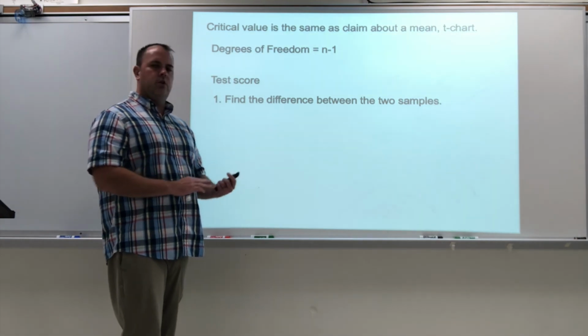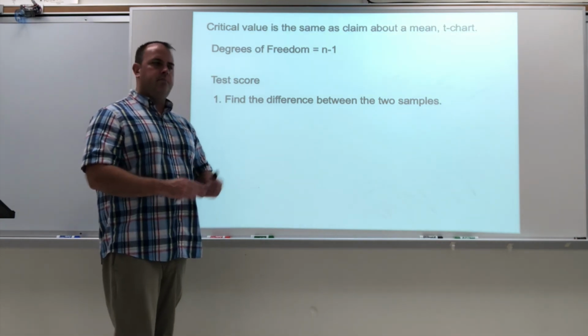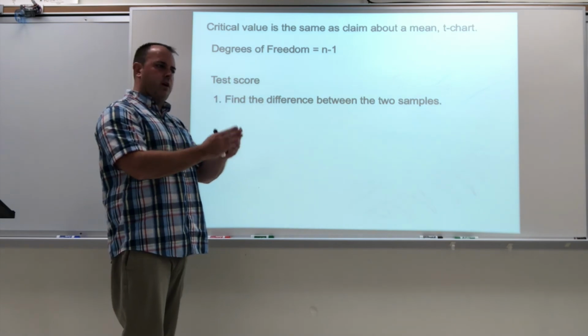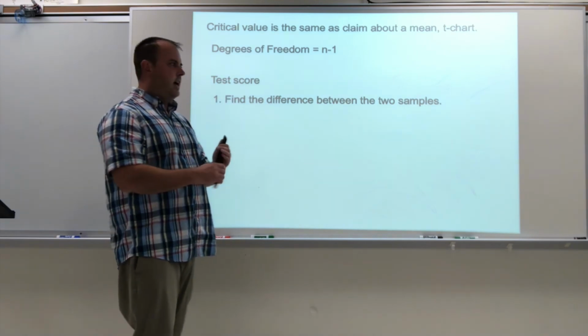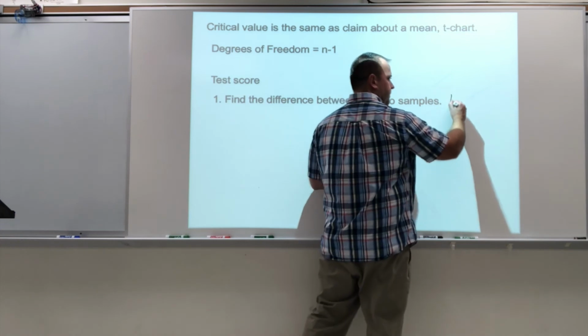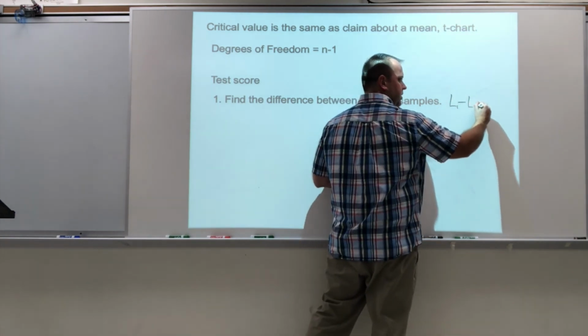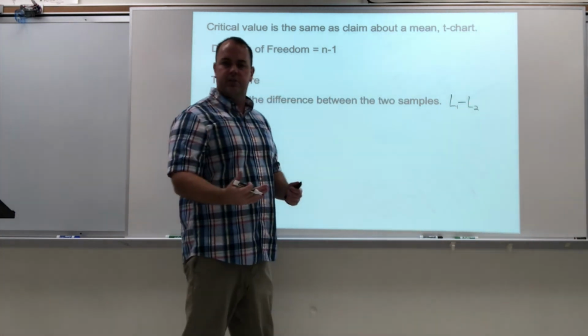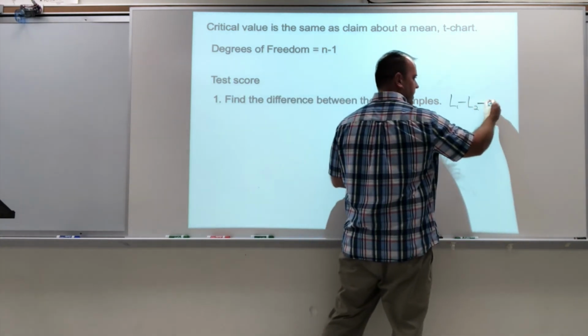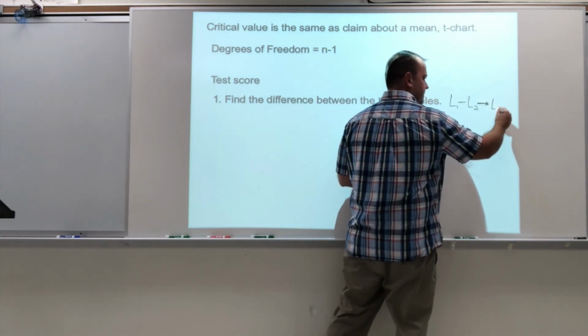I'll go over that in a little more detail when we do an example, but you have your two lists of data, the before and after, or whatever you're looking at, and if you have them in list 1 and list 2, you enter L1 minus L2 and store it into L3.